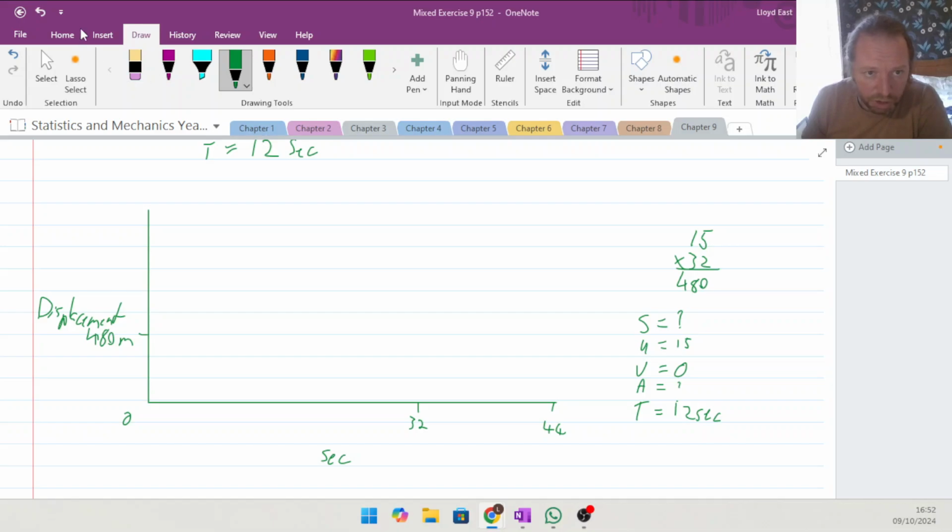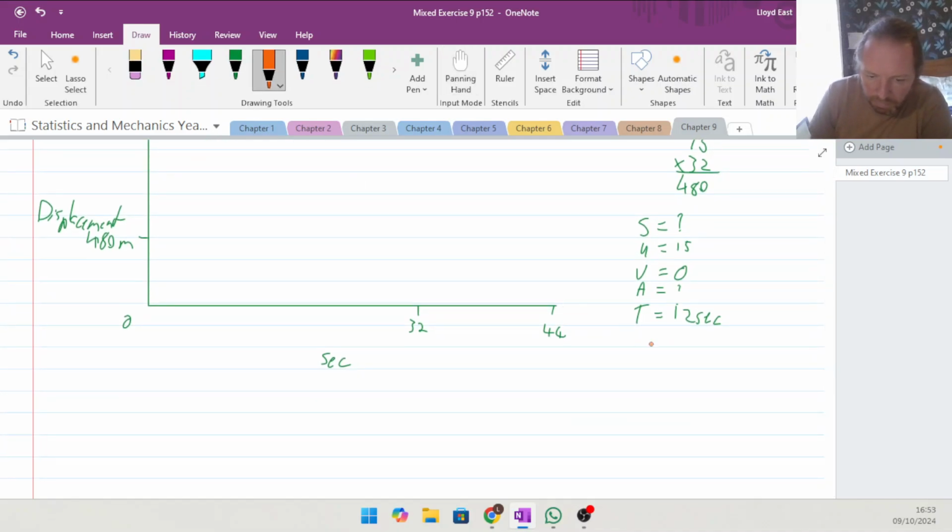No acceleration. So s equals a half (u plus v) times t.